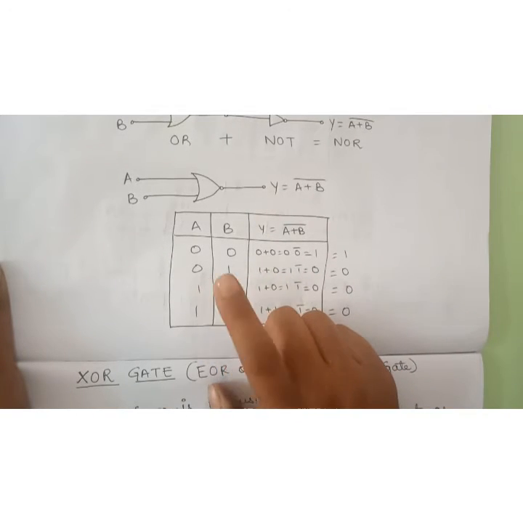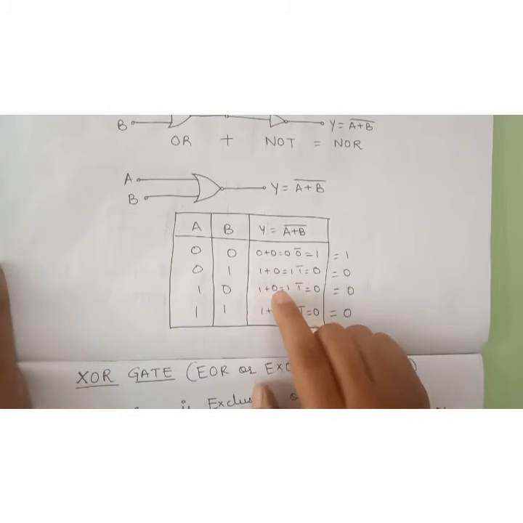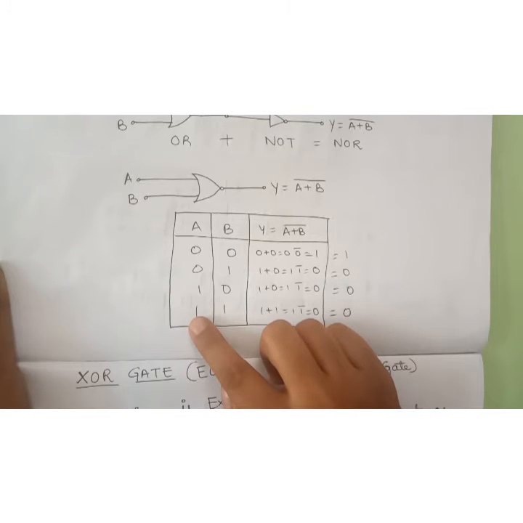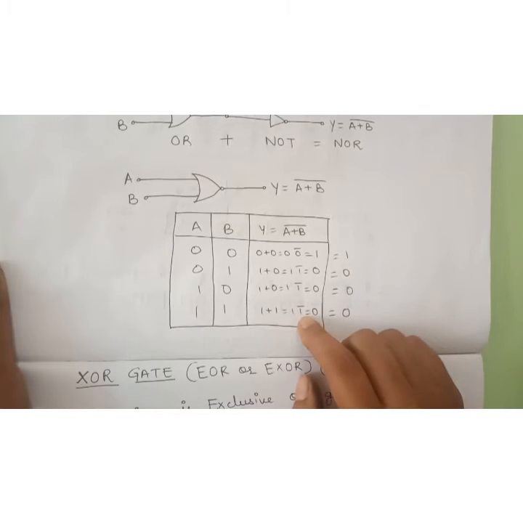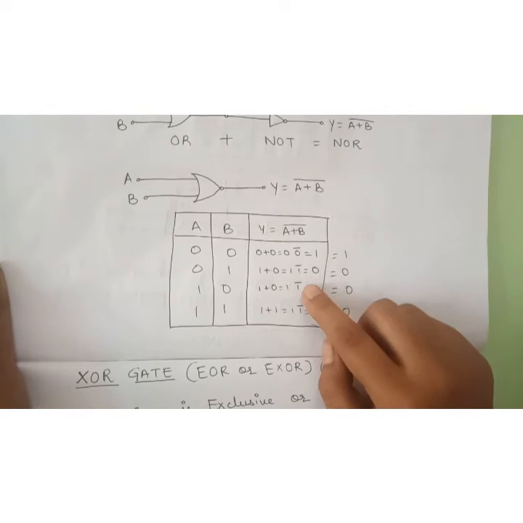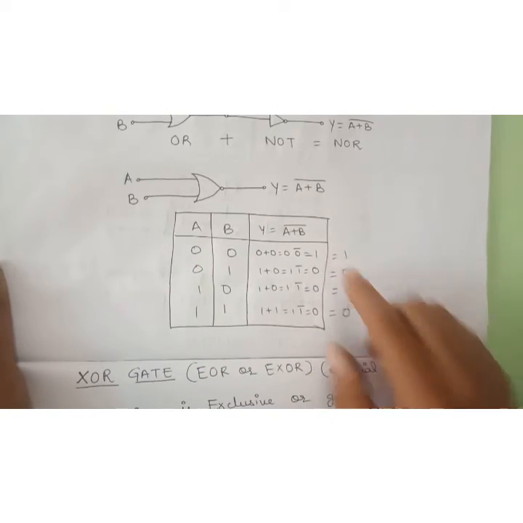Next, if we give the inputs as 1 0, our output will be 0, because 1 + 0 is 1 and 1 bar is 0. If we give the inputs as 1 1, then 1 + 1 is 1 and 1 bar is 0. Hence the output will be 0. So in a NOR gate, if both inputs are low, then the output will be high.